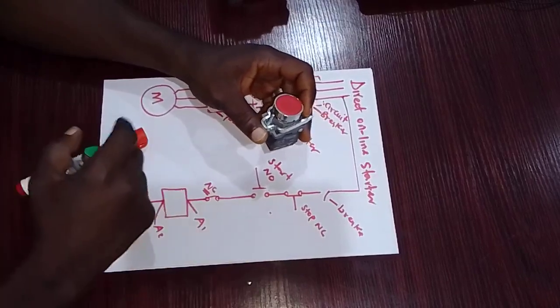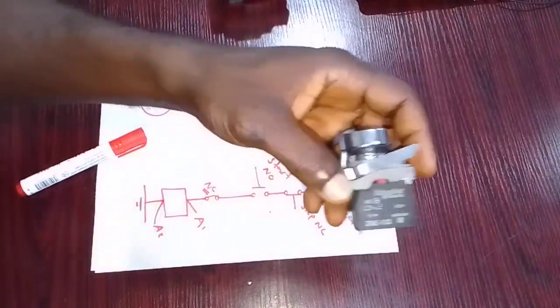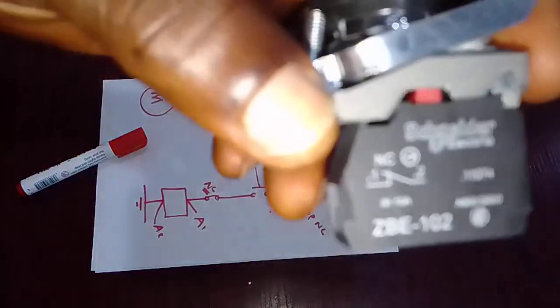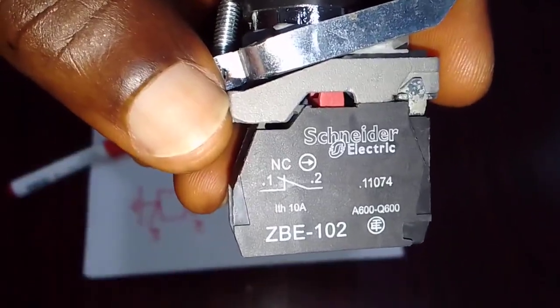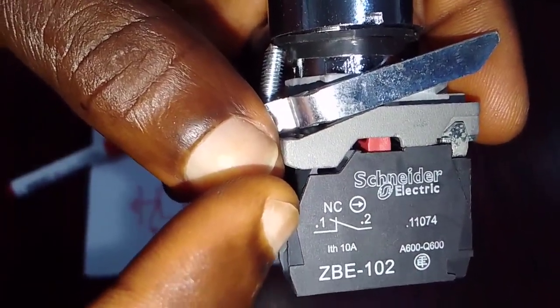The stop push button is normally closed, as you can see from the inscription here. Look at the inscription vividly. You see NC written. That's normally closed.